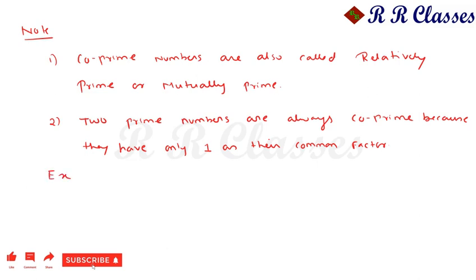For example 2 and 3, 3 and 5, 2 and 7, 11 and 17, and so on. So any two prime numbers you take, you will find only one as their common factor. So we can say the two prime numbers are always co-prime numbers.